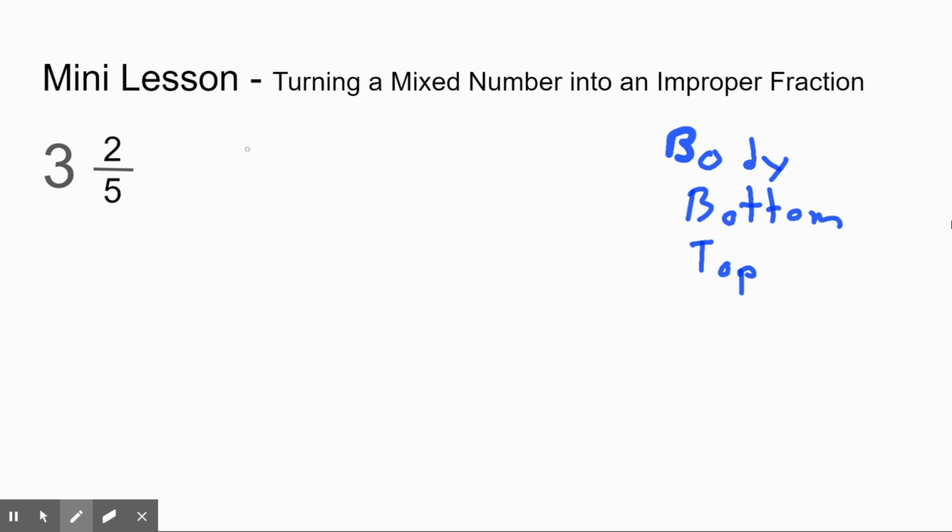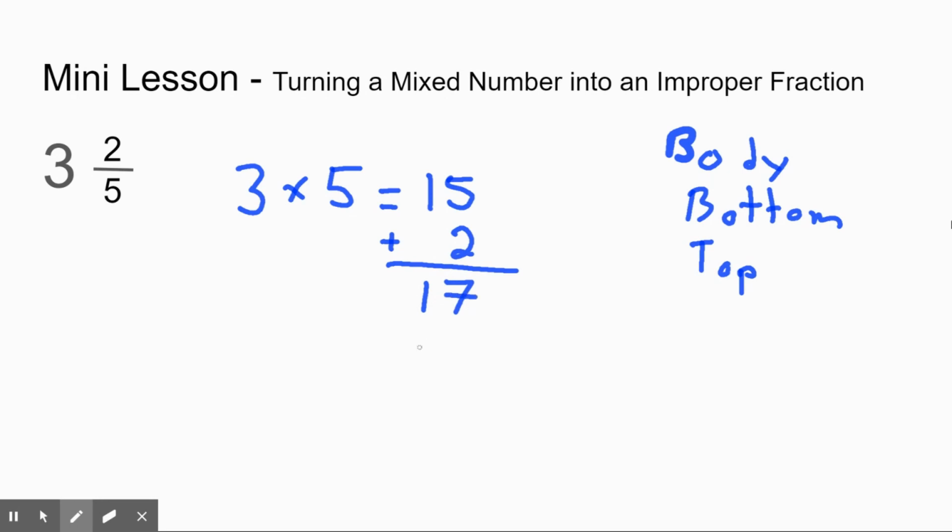So you're going to take the body and the bottom, the whole number and the denominator, and just multiply them together. 3 times 5 is, of course, 15. You're then going to take the top number, our numerator, and add it to 15. So we get a 17.